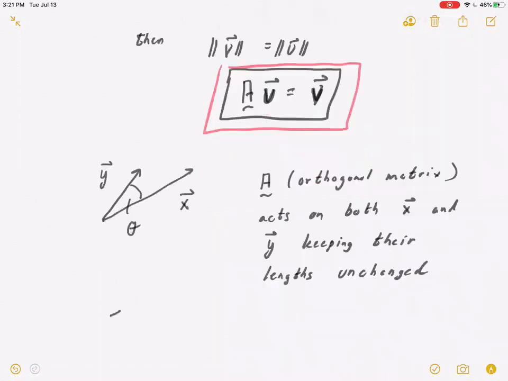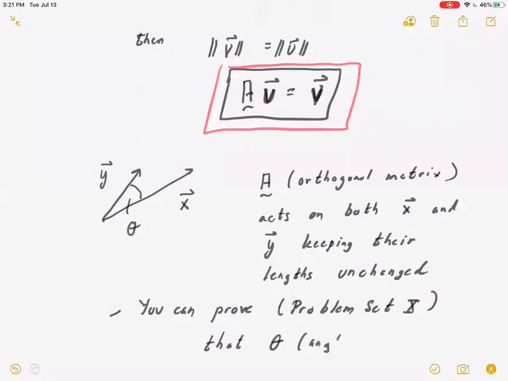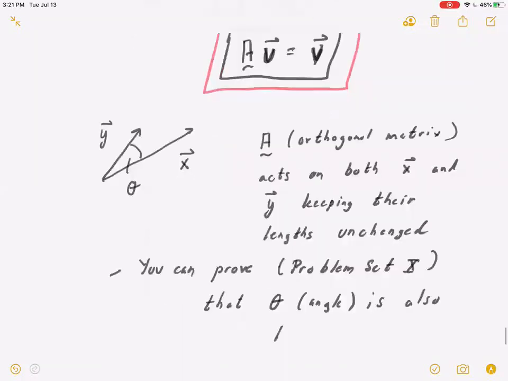Well, you can prove, and I'll give you some hints on how to do this, on the next problem set, that theta, this angle between X and Y, is also preserved.